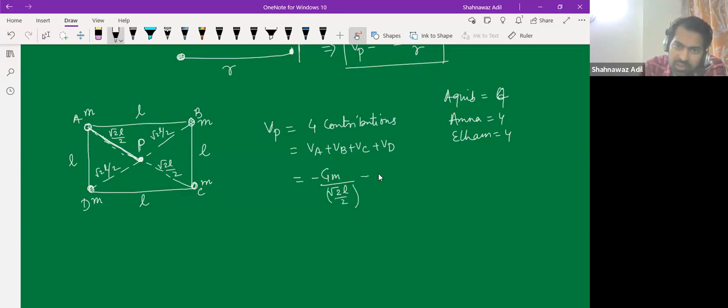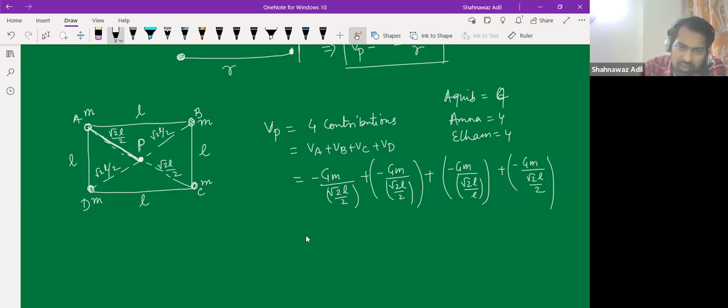Similarly, VB is how much? Minus GM divided by L by 2. Should it be minus GM square? Why is it M square? We are calculating the potential, so no. Okay, understood. And VD is minus GM divided by root 2 L by 2.